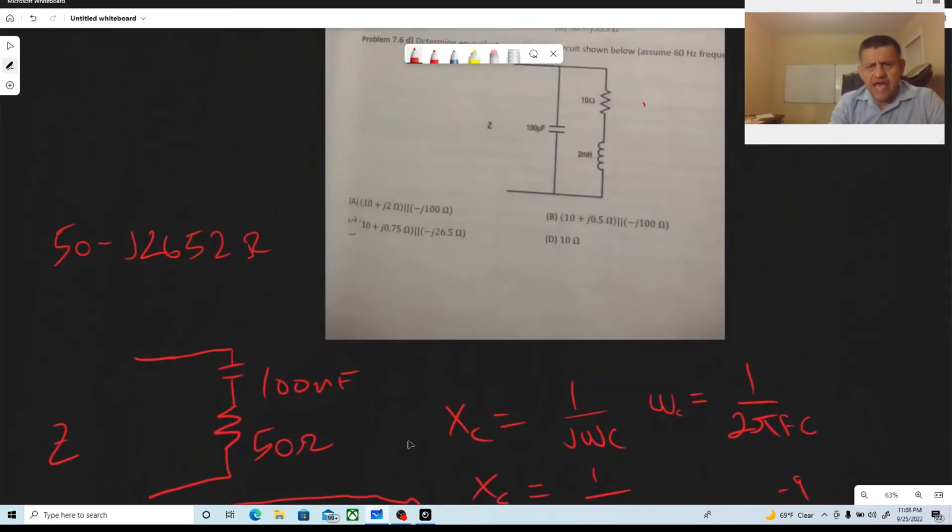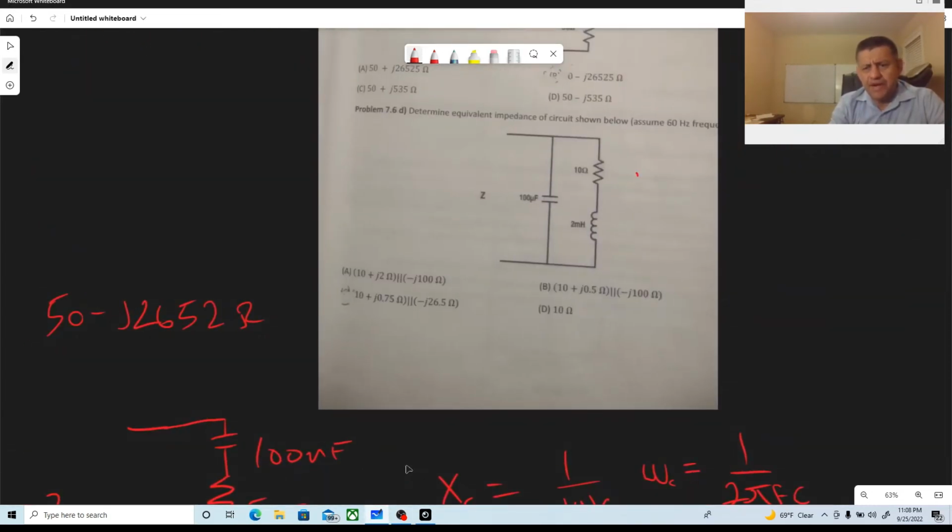In the next one, we have a capacitor in parallel with that resistor and that inductor. The only difference is that we have an inductor here, and it's in parallel with this capacitor, and this inductor is in series with this resistor.